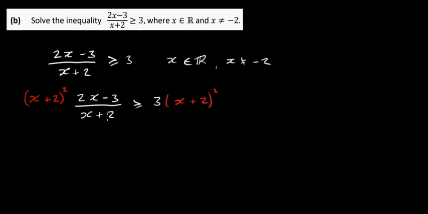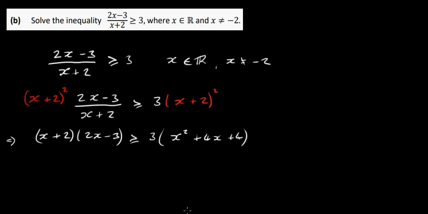Well, this x plus 2 here will divide into one of these, and I'll just end up with x plus 2 times 2x minus 3. And on the right hand side I'll end up with 3 times, if I multiply this out, x squared plus 4x plus 4. Okay, so let's do the next line then.